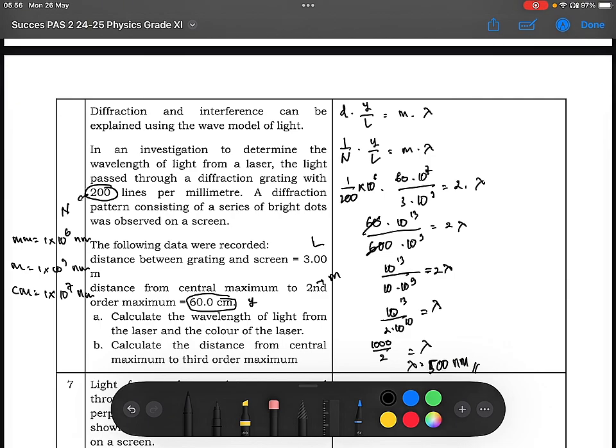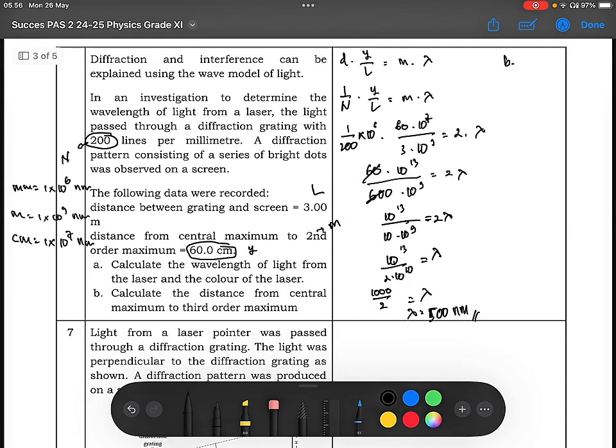Okay, and the B, calculate the distance from the central maximum to the third order maximum. With the same formula you can find Y per L equals M lambda. You can substitute the lambda into the formula.